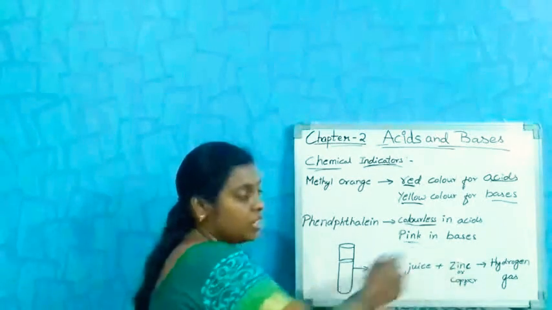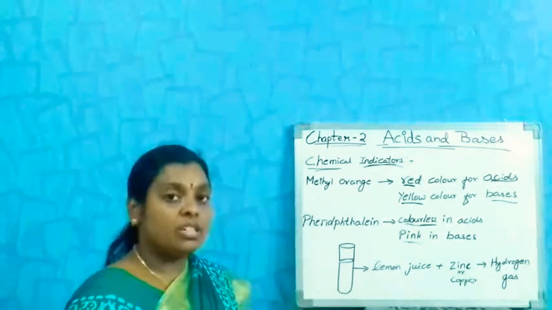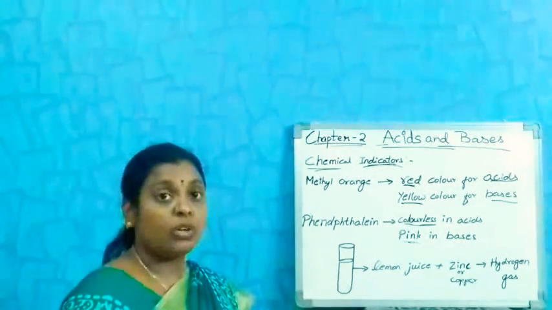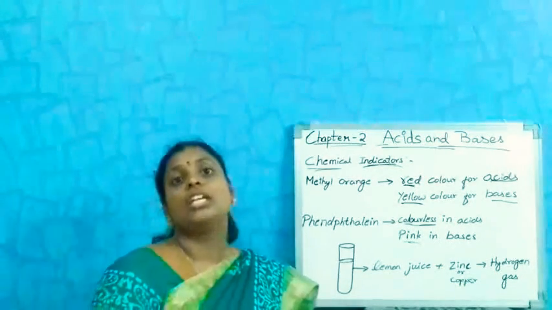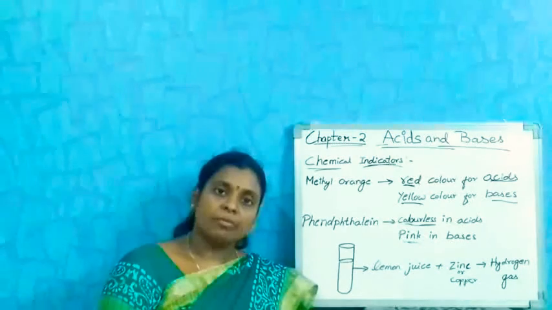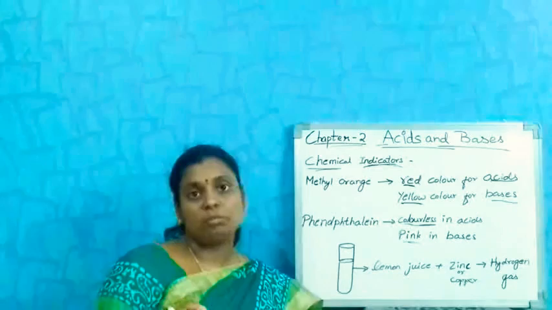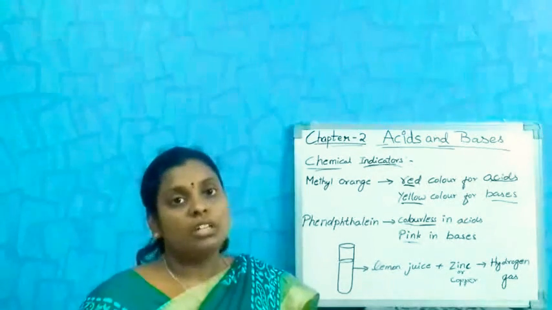When these react, what happens? You can see the color change, and also hydrogen gas is liberated. How can you prove that it is hydrogen gas? You can see some chemical reaction, some color change and also some sound.